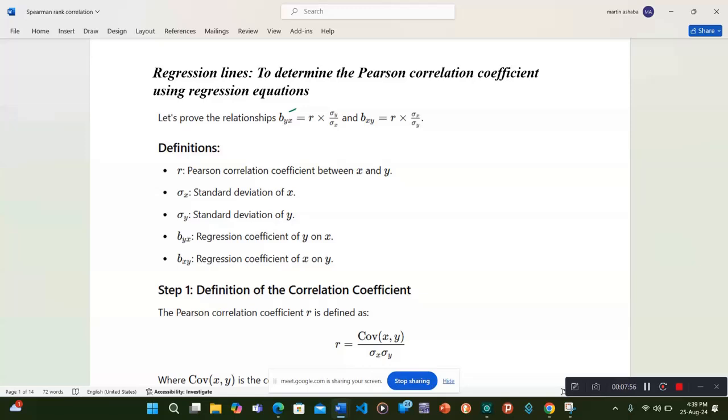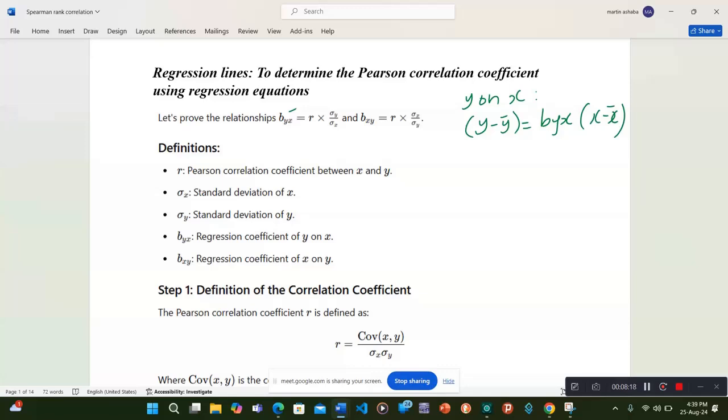If we are talking about y on x, the regression line will be defined by y minus y bar is equal to b y on x into x minus x bar. That's one.